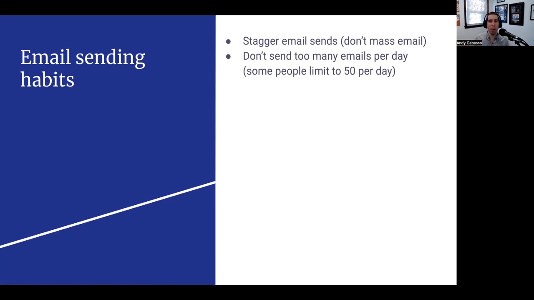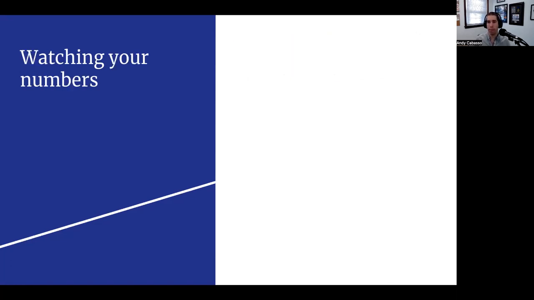This is one thing where we're trying to get more data ourselves, to see what the real limits are that you could push without running into any deliverability issues. And watching your numbers.